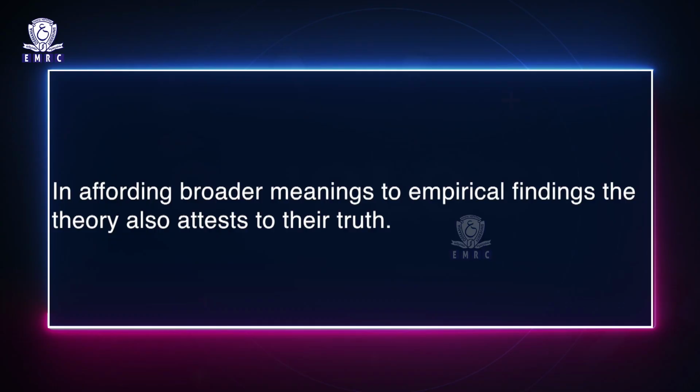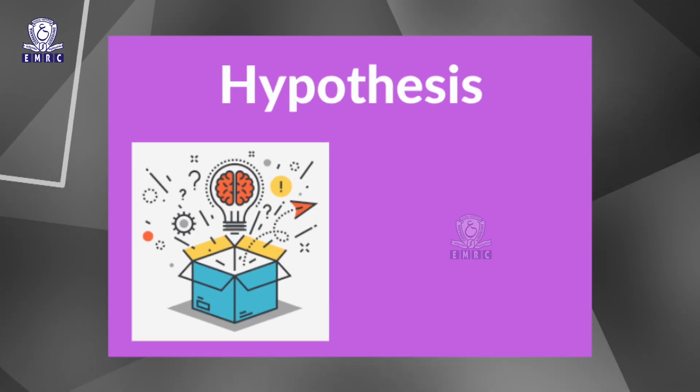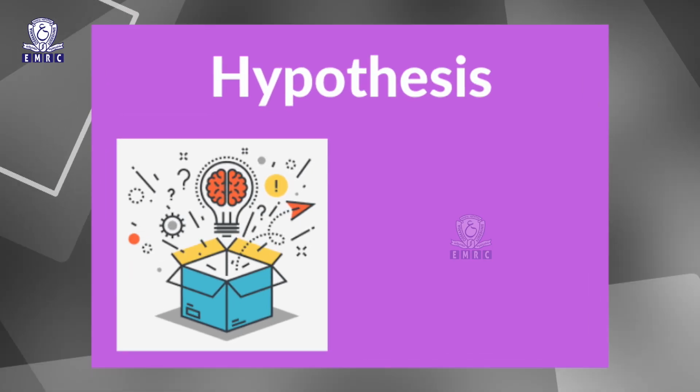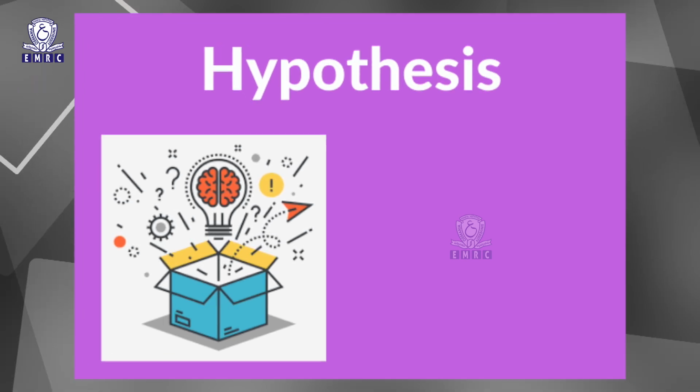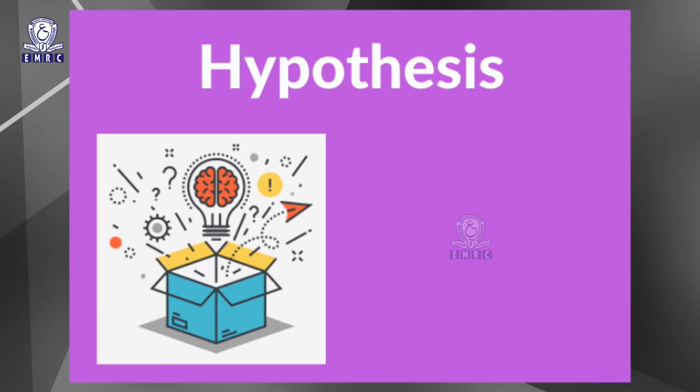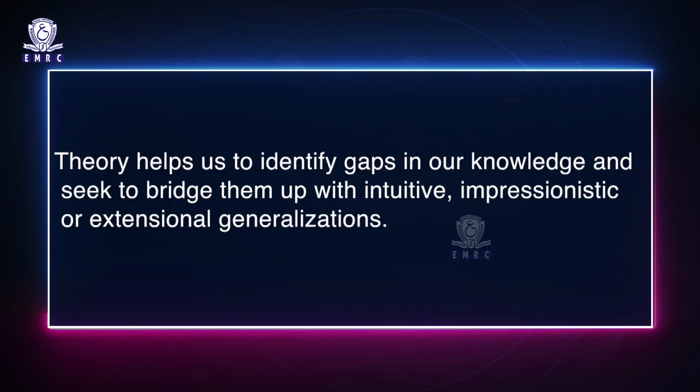5. In affording broader meanings to empirical findings, the theory also attests to their truth. A hypothesis is as much confirmed by fitting it into a theory as by fitting it into facts, because it then enjoys the support provided by evidence for all the other hypotheses of the given theory. 6.